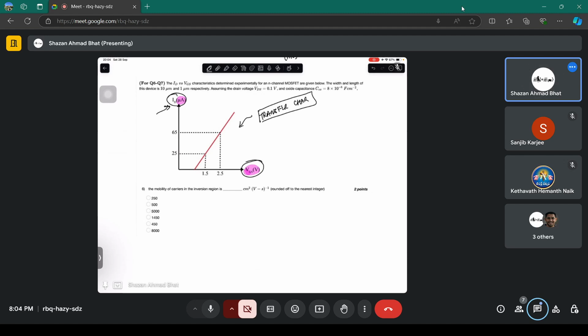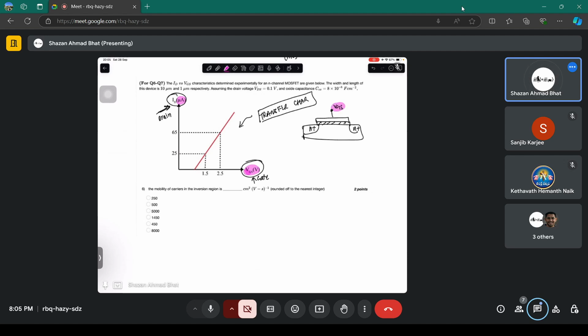Here you are plotting drain current, but you are varying gate voltage. These are two different terminals. Whenever you vary voltage at one terminal and measure the current at another terminal, you use the word transfer. Just like you have N plus, and you have oxide and gate.